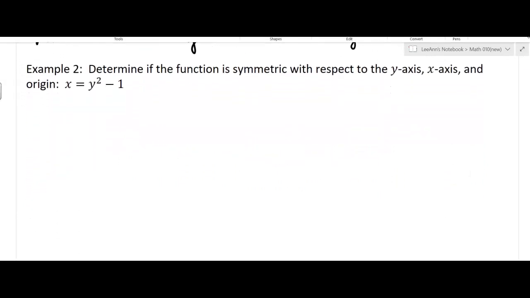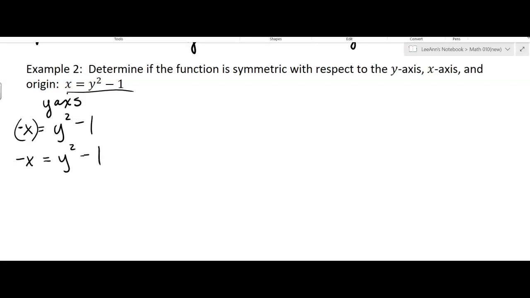Okay, determine if the function is symmetric with respect to the y-axis. So for the y-axis, we're going to take our equation and plug in negative x. Okay, so when we work that out, we get negative x equals y squared minus 1.